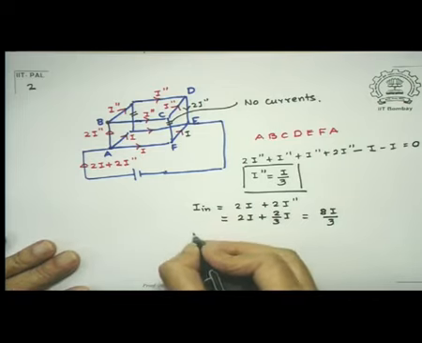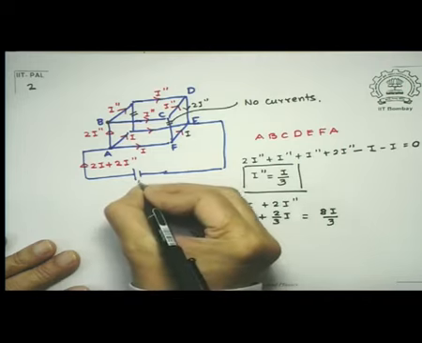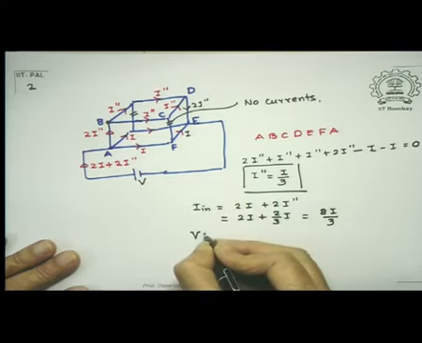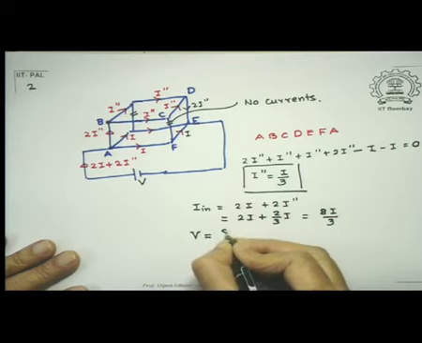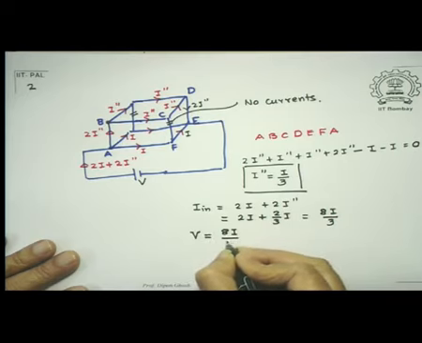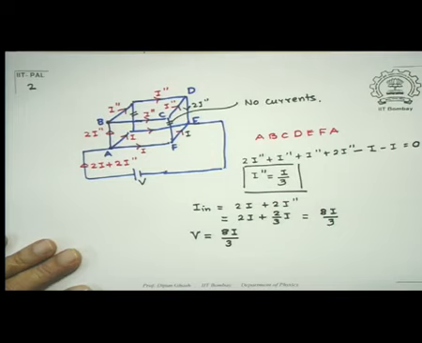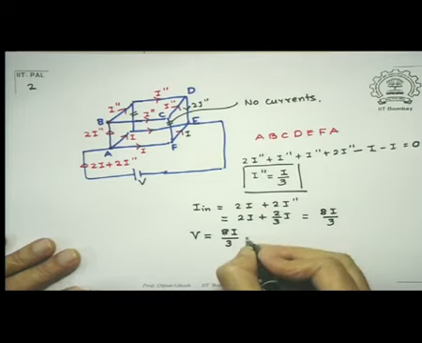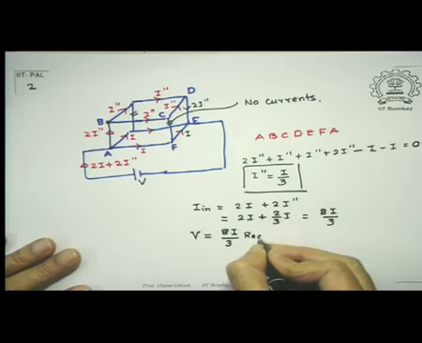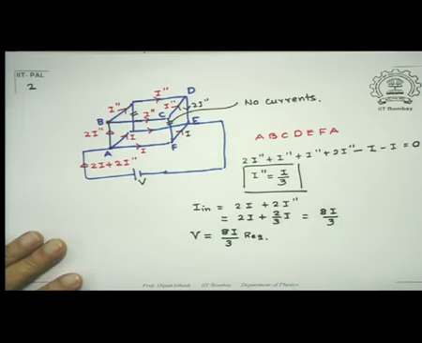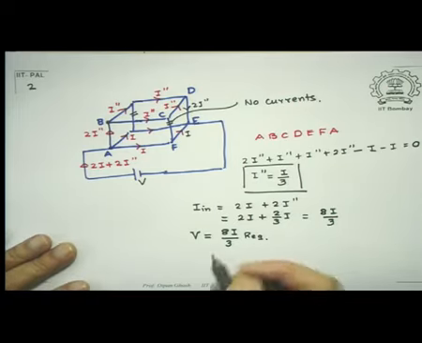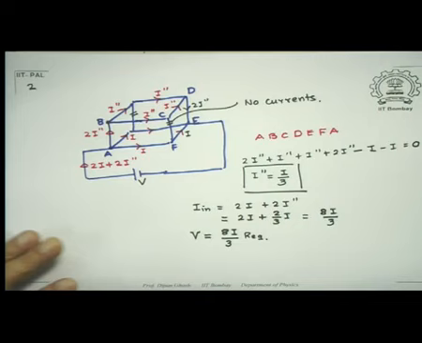So therefore, since V is the battery voltage, I can write this as V equal to 8I by 3 times whatever is the equivalent resistance. Now notice, I can get an alternative expression by looking at, for example, what is the potential drop between A and E?